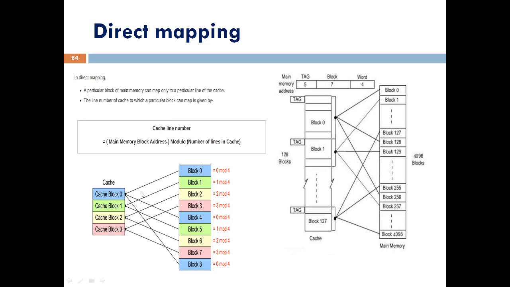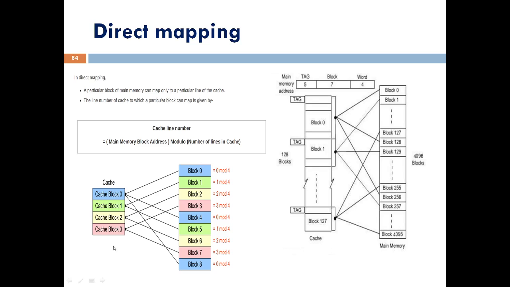Here is a small example we have taken. The cache memory has 4 blocks and the main memory has 9 blocks, 0 to 8. How do we apply this modulo function? Memory block address 0 mod 4. 4 is the total number of lines in the cache.